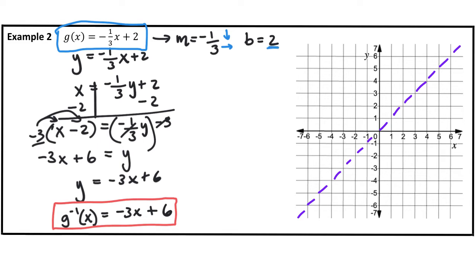So I'm going to go on the y-axis and start at 2. So I'm going to put my point right here. Then the slope tells me to go down 1 to the right 3. Awesome. And then I'm going to get my ruler.